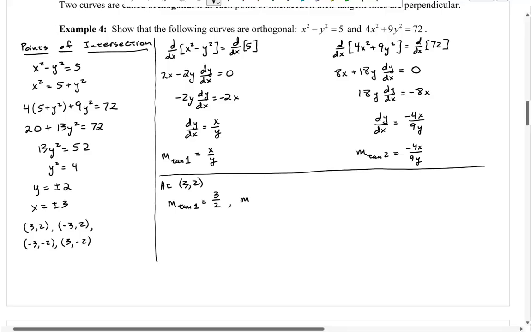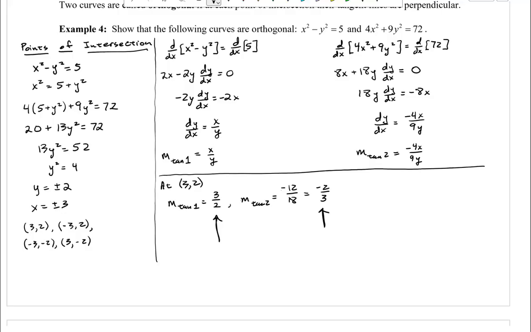And the slope of tan 2 is equal to negative 4 times the x value, so that's a negative 12, and 9 times the y value is 18, and that reduces down to negative 2 over 3. And if we remember back from algebra, if we have two slopes that are reciprocals and opposite signs, that means that the two lines are perpendicular.